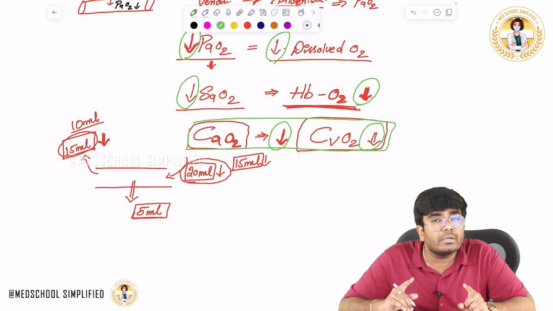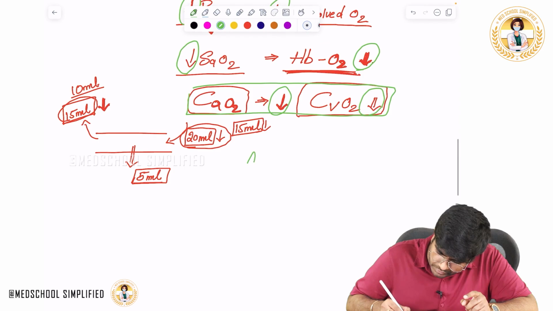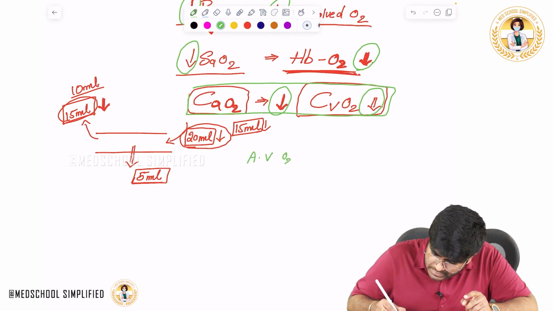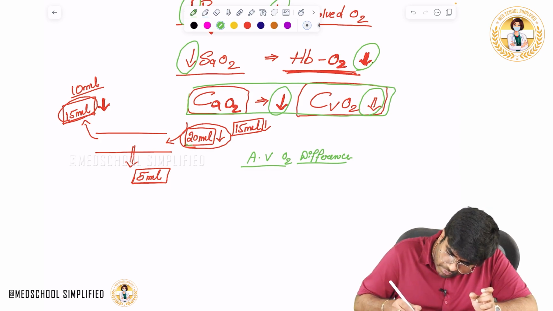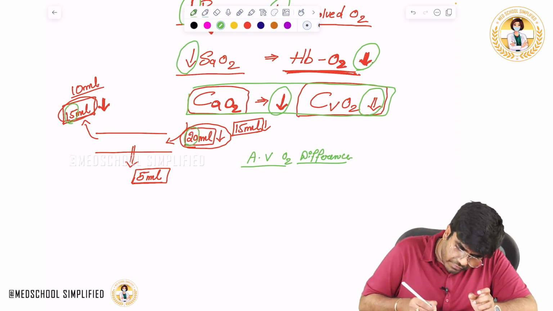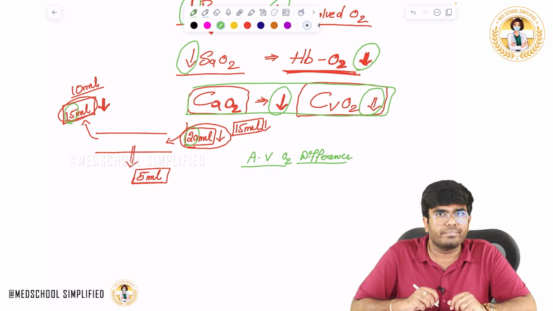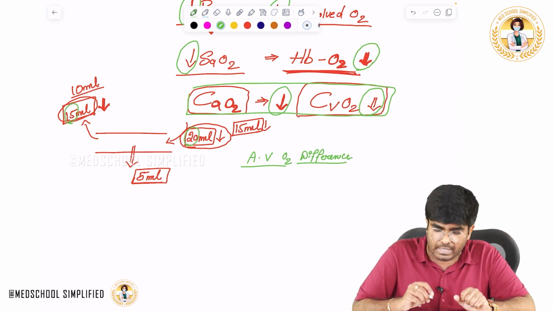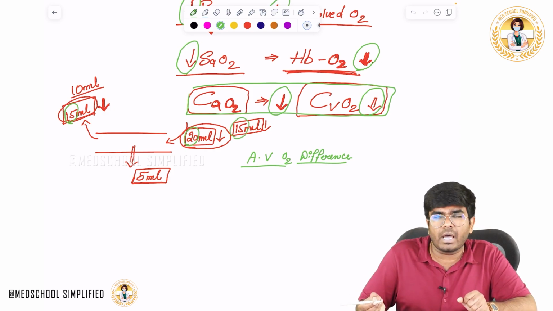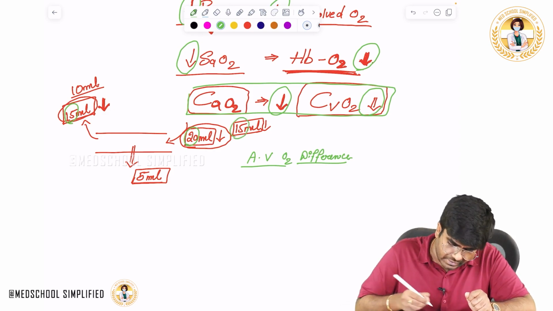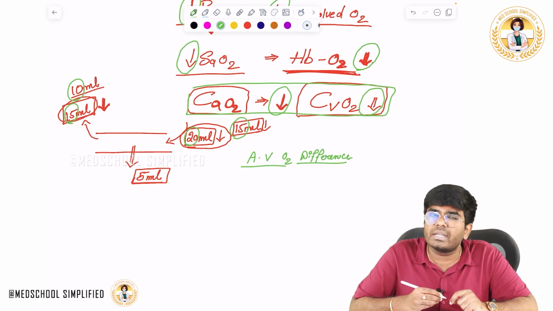So what happened to the arteriovenous oxygen difference? In a normal healthy person, arterial blood has 20 and venous blood has 15. So what is the difference? 5. The difference is 5 in a normal person. Now in hypoxic hypoxia, arterial blood oxygen content becomes 15 and venous blood oxygen content becomes 10.